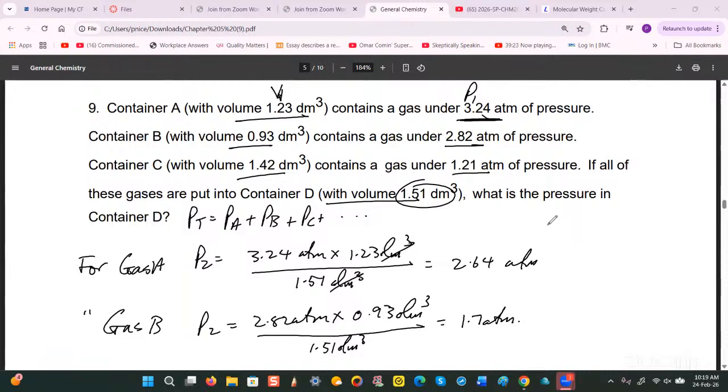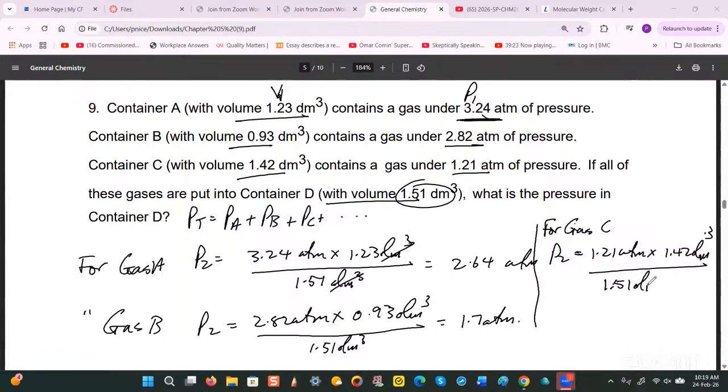And then I'm going to do a similar calculation. I'm going to see if I can squeeze it in over to the right here. For gas C, P2 is going to be equal to 1.21 atmospheres times 1.42 decimeters cubed divided by the same 1.51 decimeters cubed.